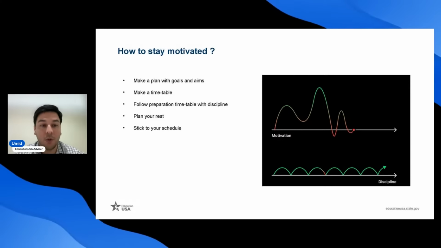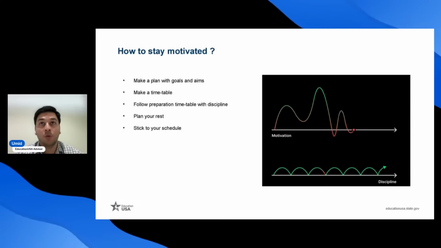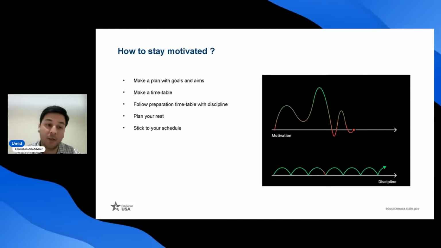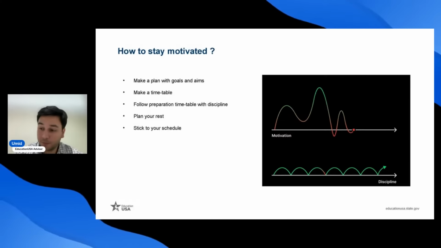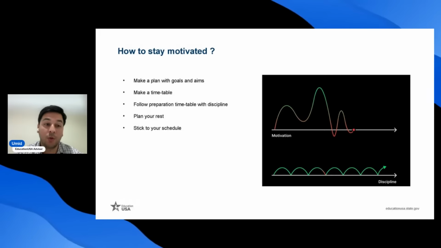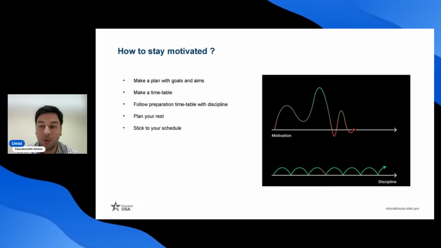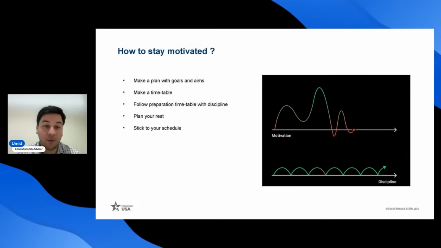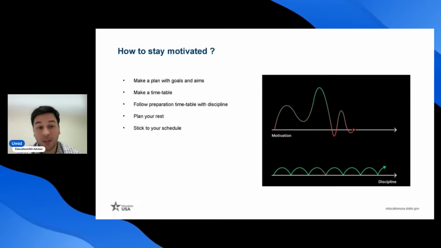And if you want to study in the United States, and you have a strong desire, you should make a timetable. For instance, you go to school, and the same timetable you should do for your extracurricular activities, such as not only if you're going to some extra tutors, but also if you're going to do homework. You should make a table and a plan for this, because without it you are not going to be disciplined. You have to follow the preparation timetable with discipline.